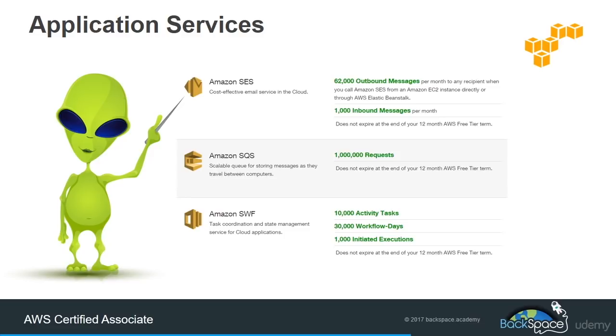They'll still be free within those limits. Those limits you can see there for SES are 62,000 outbound messages, and you can see there for SQS and Simple Workflow Service as well. So provided you stay within those limits, you're fine, and you don't have to worry about what happens after the 12-month free tier term expires.